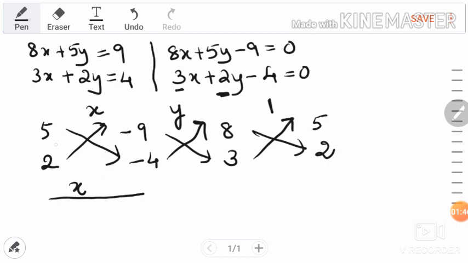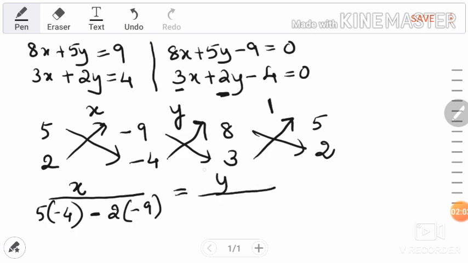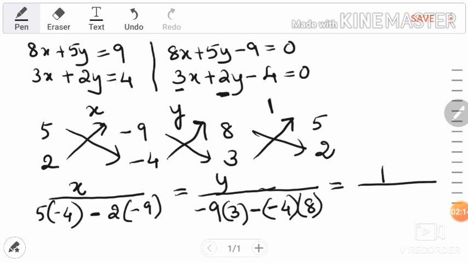So x divided by 5 into -4 minus upward arrow is the second product, 2 into -9, equal to y upon -9 into 3 minus -4 into 8, equal to 1 upon 8 into 2 minus 3 into 5.